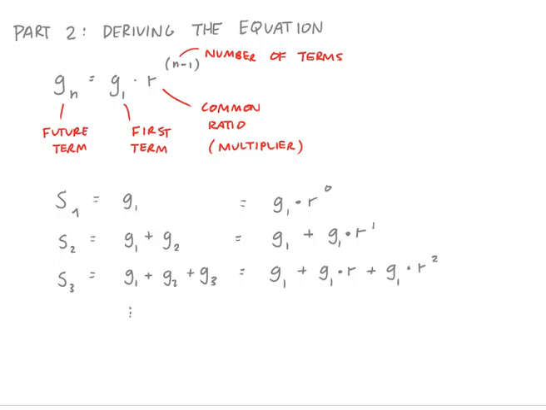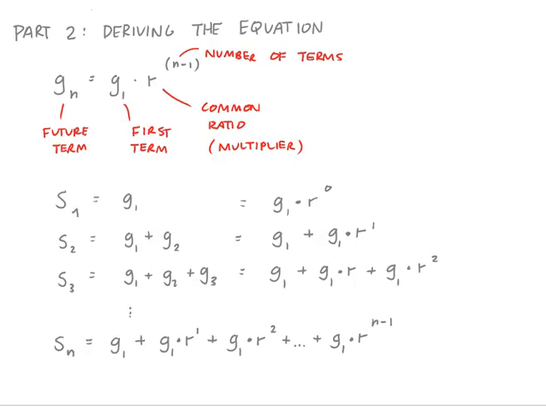So what that tells me is that I can put together sort of a generic summation here. I can say that the summation of n terms is going to be equal to G1, the first term, plus G1 times R to the first, plus G1 times R to the second. And I'm going to keep adding those terms until I get to the point where I get G1 times R to the n minus 1 power.